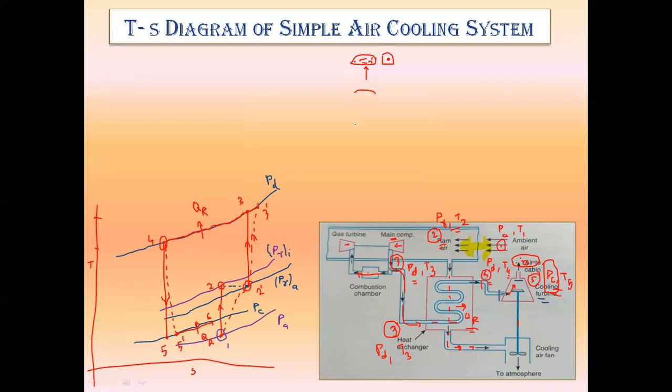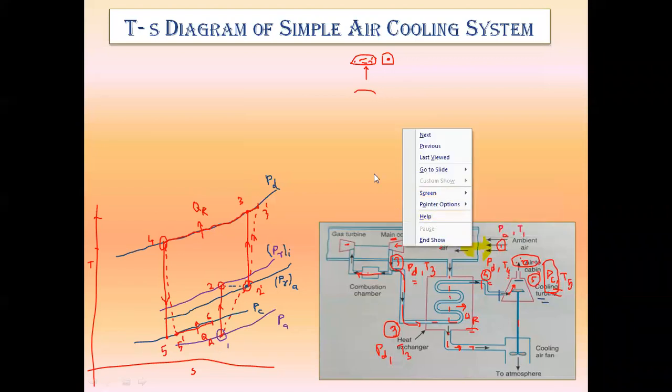Once you understand this TS diagram for one system, then for all the rest of the systems, the TS diagram will be similar, with slight changes. So have you understood? Is it necessary to repeat this TS diagram once again? Okay. Still, if any student has any problem, you can ask me.